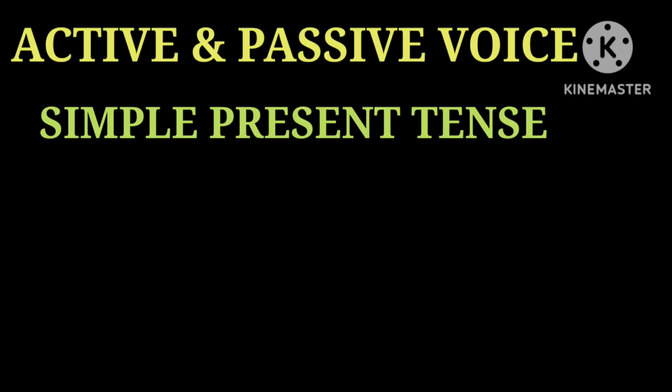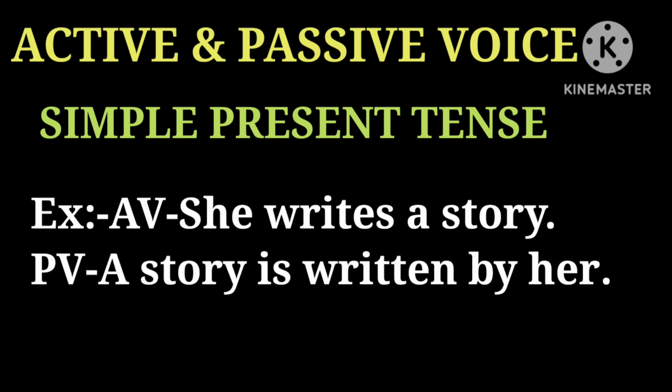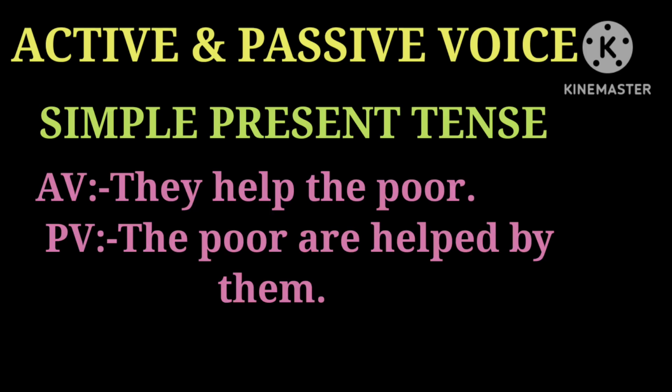Simple present tense. How to change simple present tense into passive voice? For example, active voice: She writes a story. In passive voice: A story is written by her. So we have to use the rule is plus V3 in passive voice. Next one, they help the poor.